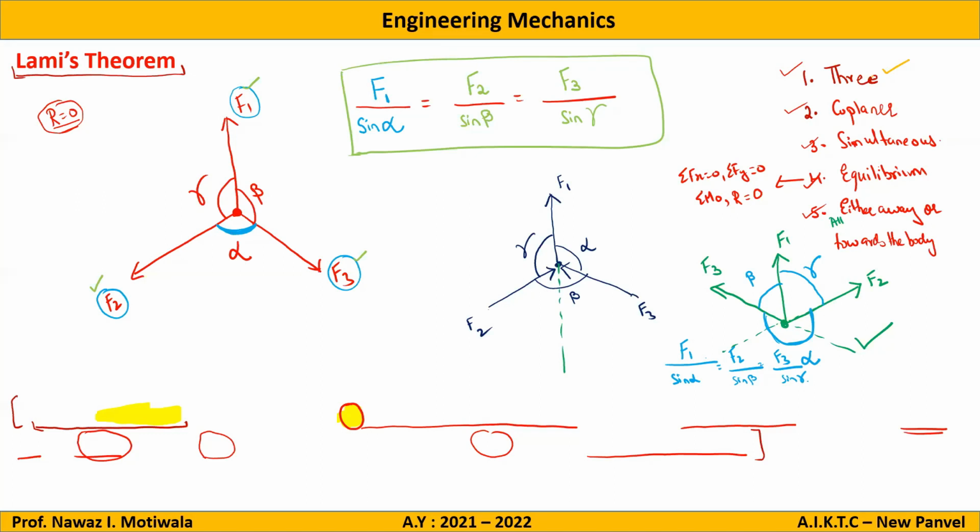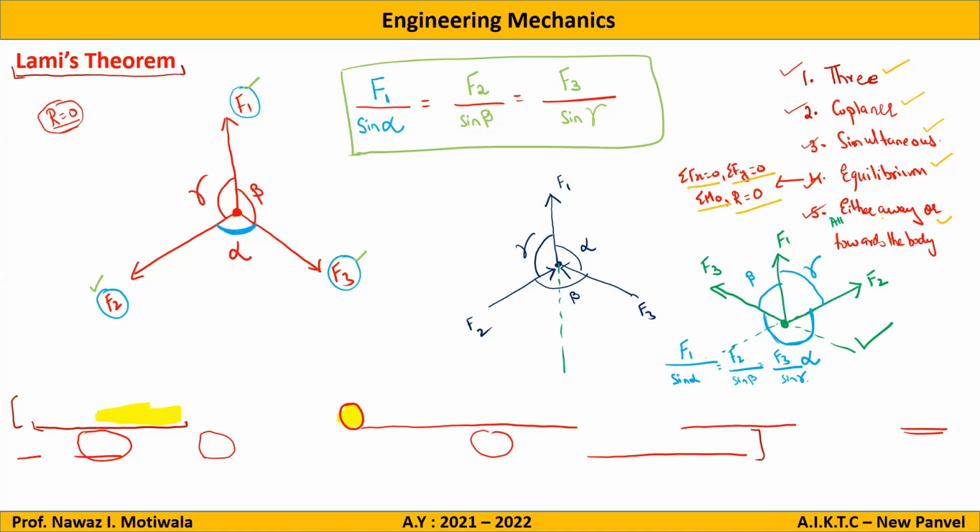They should be coplanar, that means lying in a single plane. They should be simultaneously acting, that means acting at the same time. They should be in equilibrium, which means summation of Fx should be 0, Fy should be 0, moment should be 0, and resultant should be 0. And the fifth one is that all the forces should be either away from or towards the body. If these 5 conditions are met, then we can apply Lami's theorem.